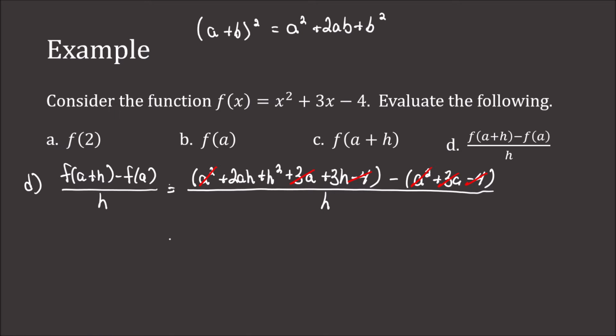So what we're left with is 2ah plus h squared plus 3h all over h. If you notice, there's an h common in the numerator, so we can factor that out, and we're left with h times (2a plus h plus 3).